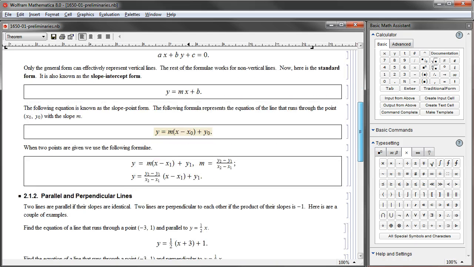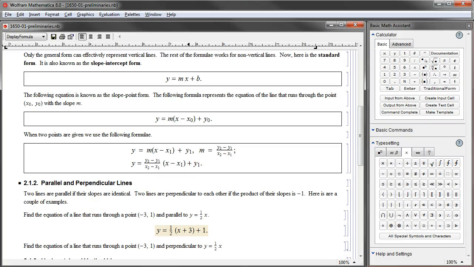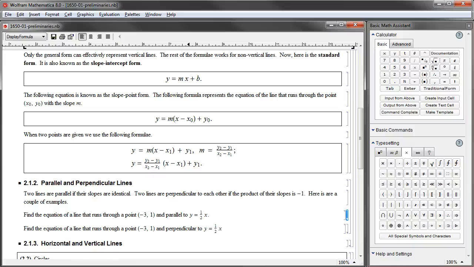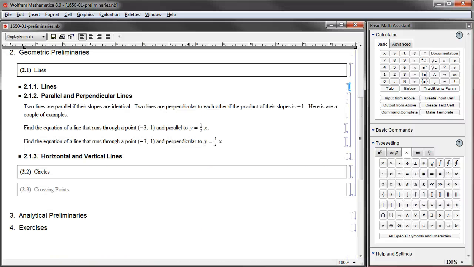So m is 1/2 times x minus negative 3, so plus 3, and then plus y naught, so plus 1 here. So here goes this parallel line. For a perpendicular line, you have to use the negative reciprocal as the slope.